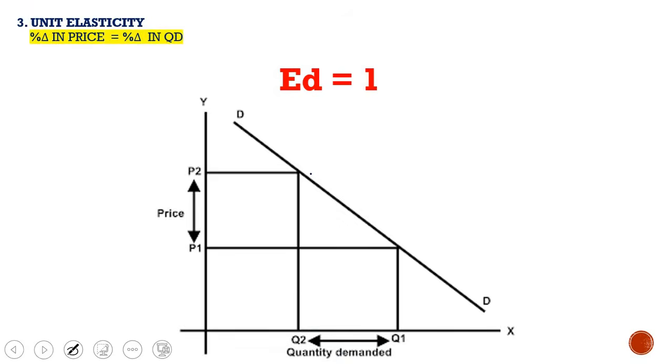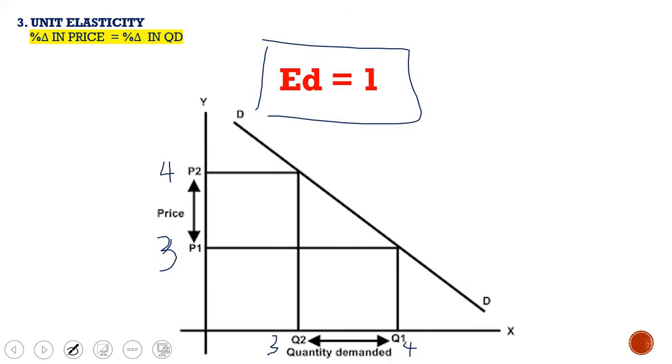Then unit elasticity. A percentage change in price equals a percentage change in quantity demanded. So here your E of D will equal 1. For example, if your price increased from 3 Rand to 4 Rand and your quantity then decreased from 4 units to 3 units, then if you put this into your formula, you would get 1 as your answer.